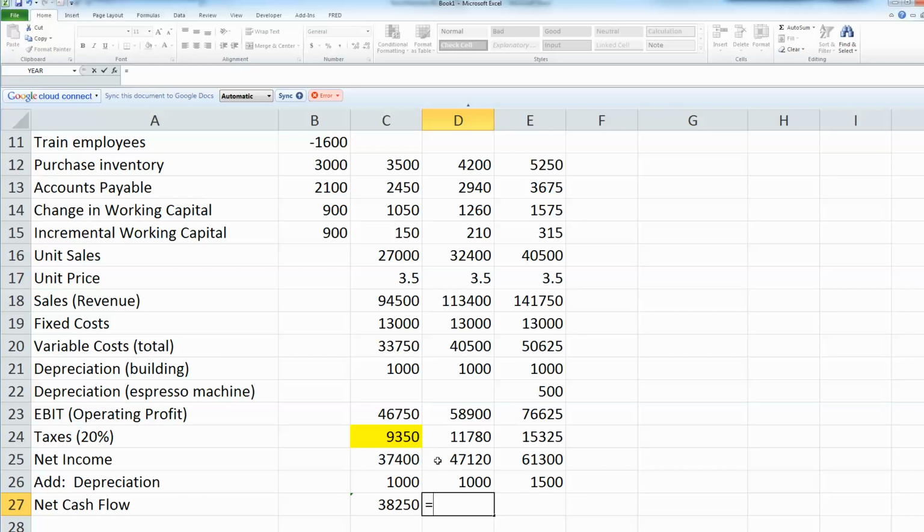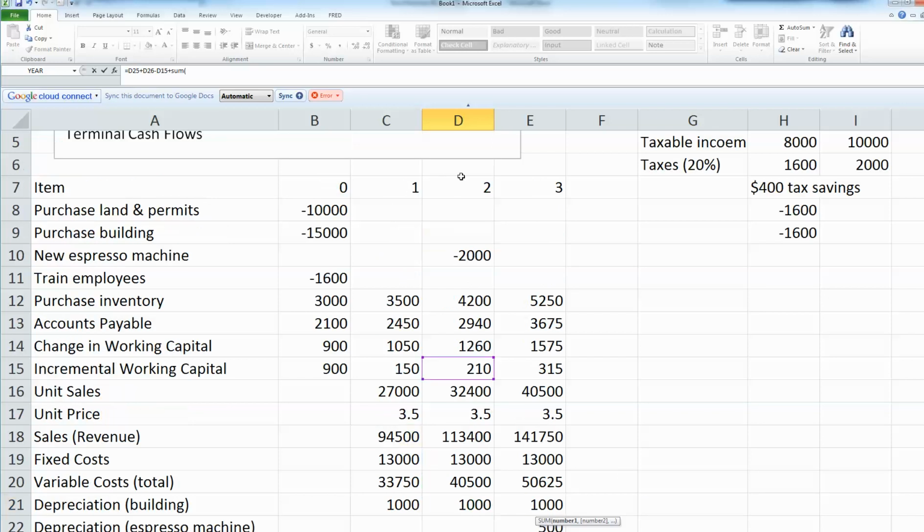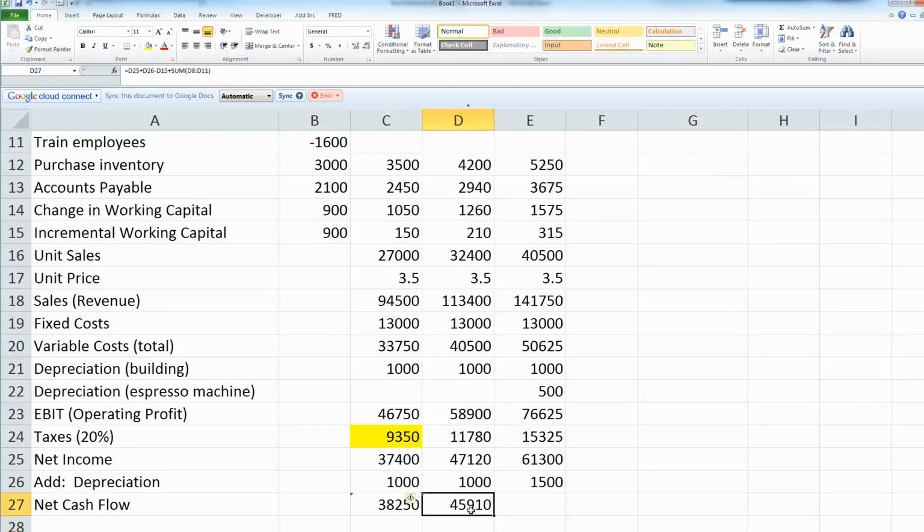So for year 2, take my net income, add back my depreciation, subtract my incremental working capital, and add any non-operating cash flows that occurred in year 2, which would be only the first 4 rows. And don't forget to put your parentheses after it. So 45, 9, 10. And I am just going to copy that over so you can see that it gave you the same answer. And now I can just copy this one over too.